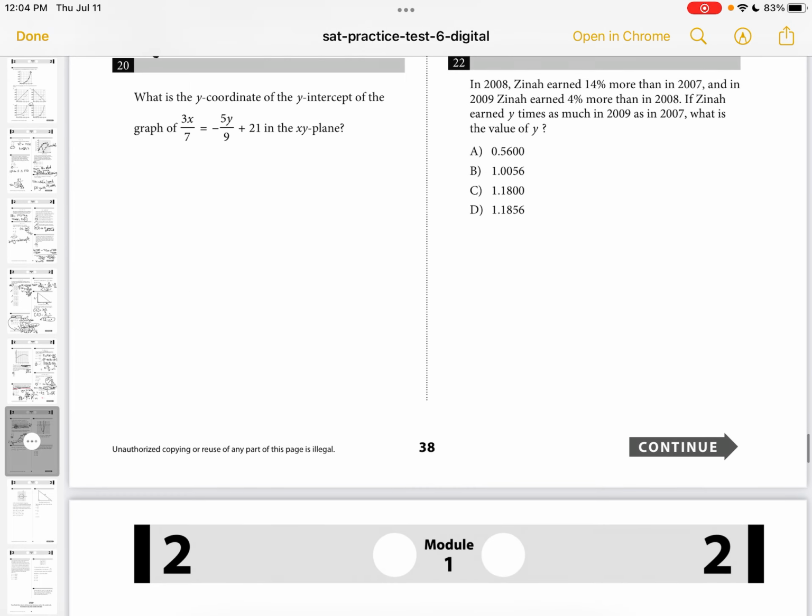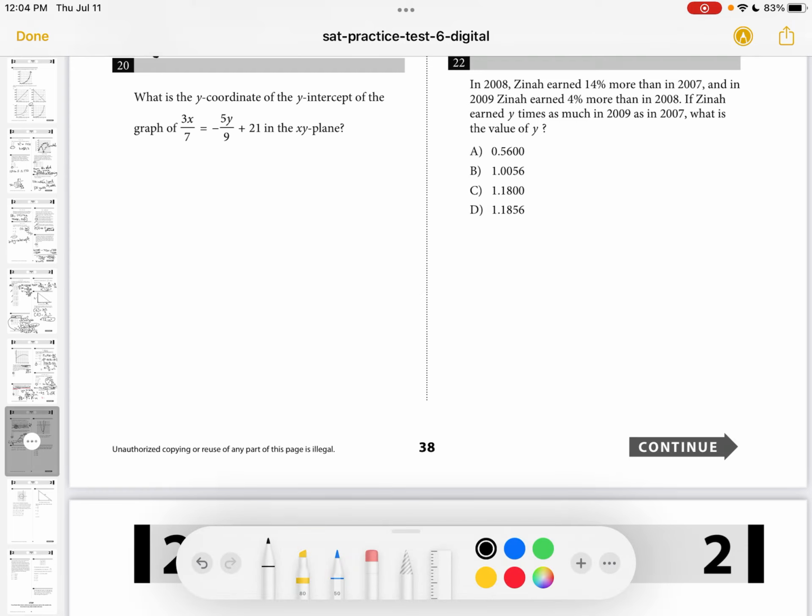Okay? Let's move on. What's the y-coordinate of the y-intercept of the graph of 3x over 7 equals negative 5y over 9 plus 21 in the xy plane? Let's see. I'm going to get y on one side and everything else on the right.